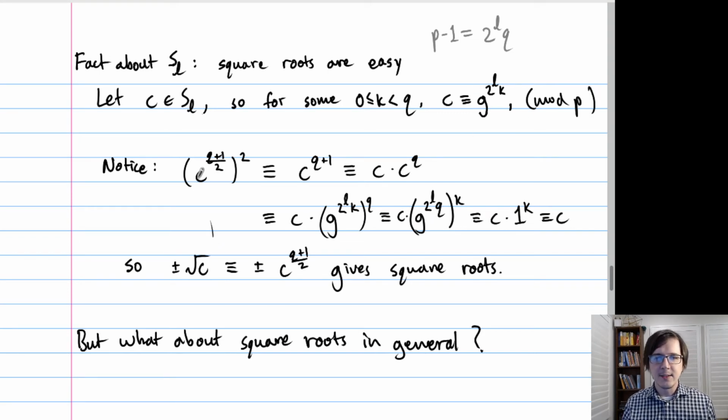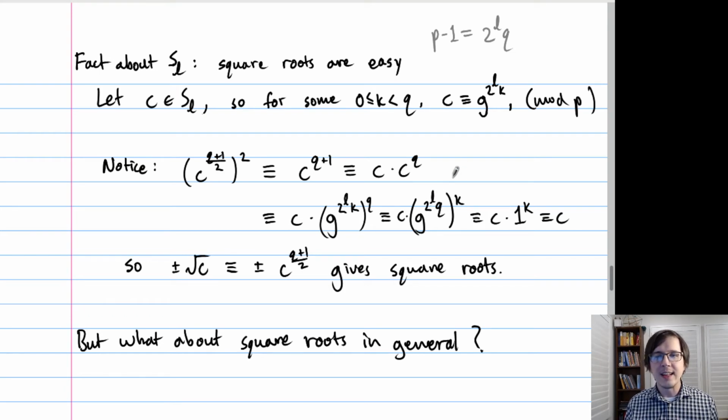Now let's notice that if we take c to the (q+1)/2, a very specific exponent, and square it, we get c. Let's run through that. Doing some exponent manipulation, this squared is c^(q+1), which is c times c^q. Then c, we said, was of this form, so we can plug it in for the second one and rearrange the exponents to get c times g^(2^L q k).